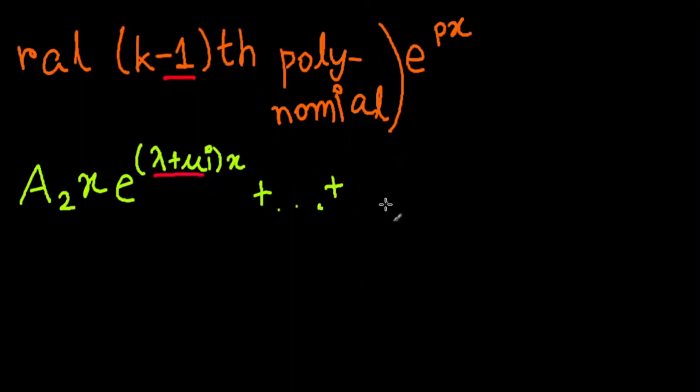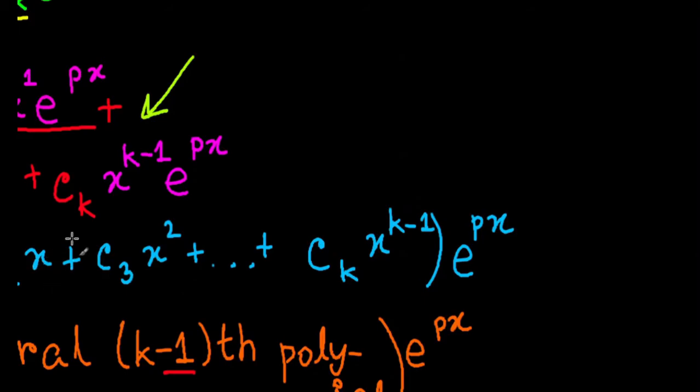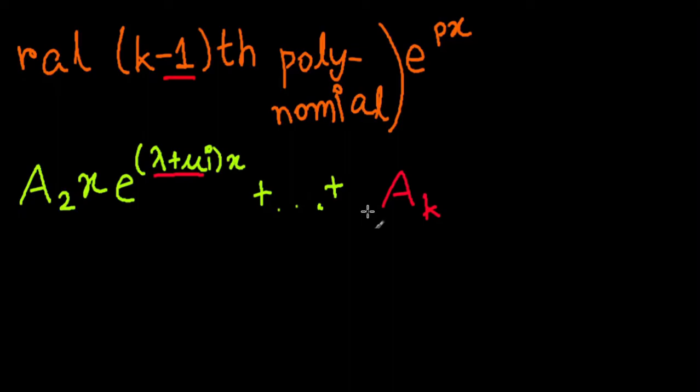It's exactly the same as before, just replacing the letters. It goes up to a sub k, x to the power k minus 1, multiplied by e to the power lambda plus mu i x, same thing since it's a repeated root.